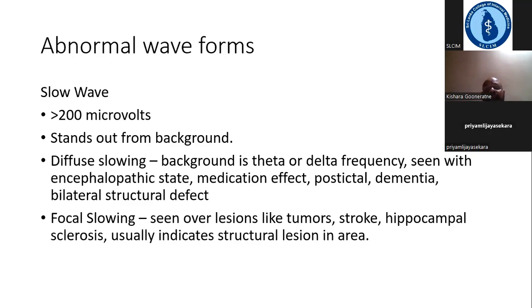Dementias again can cause slowing in the regions in which the atrophy or the effect is most pronounced. For example, we might see some temporal region slowing in Alzheimer's.